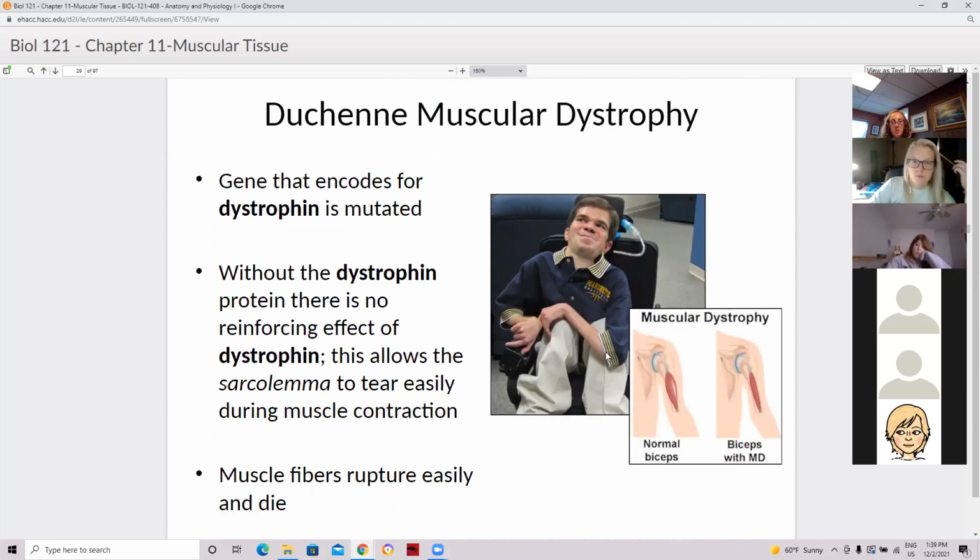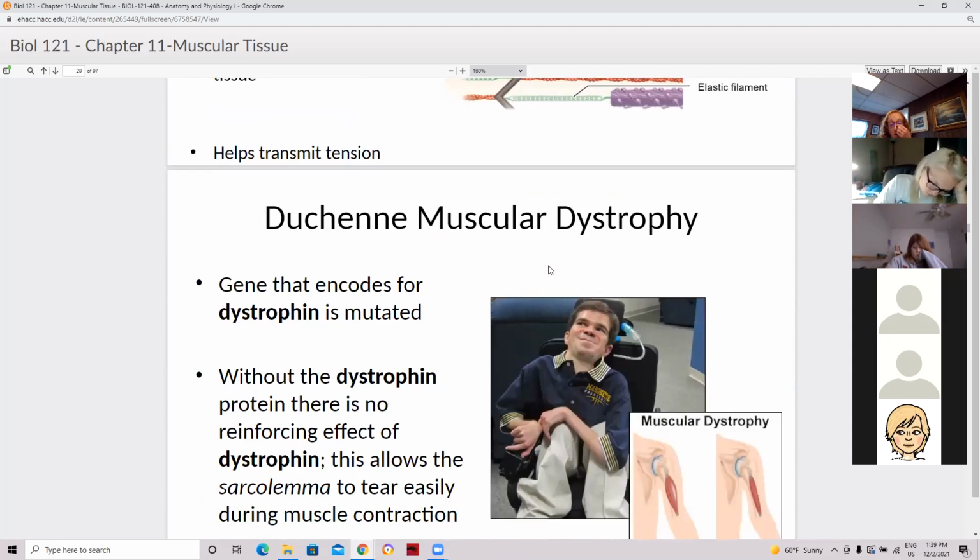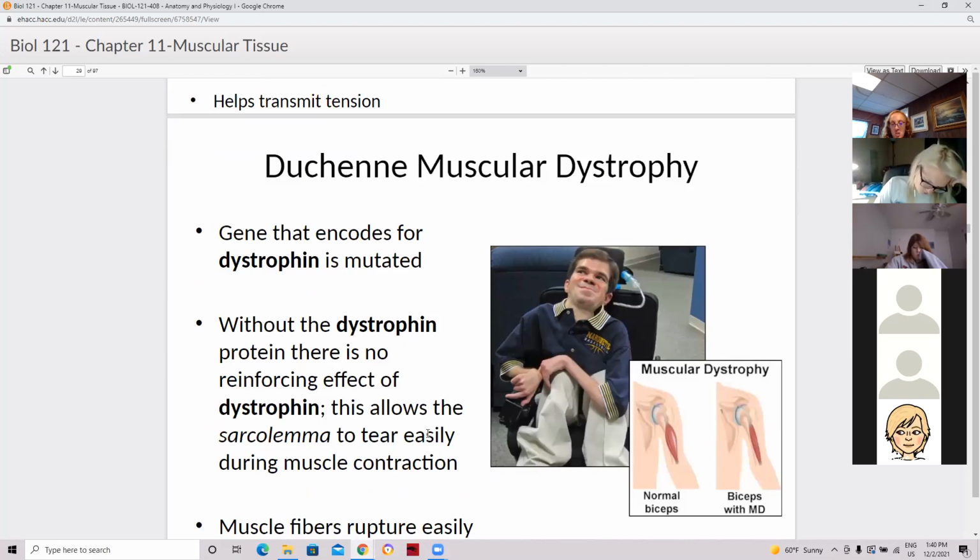Duchenne's muscular dystrophy occurs when the gene that encodes dystrophin is mutated. Without dystrophin, which remember, is attaching the thin filaments to the plasma membranes of the muscle fibers, there is no reinforcing effect helping maintain the structure of the muscle fibers.